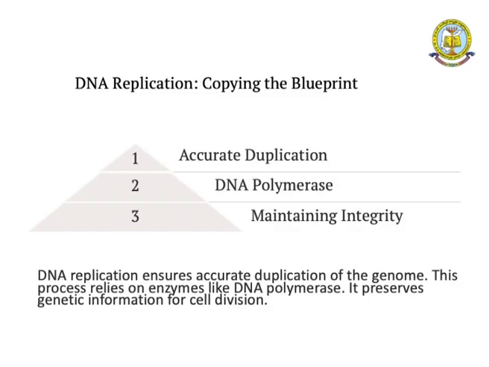Formation of the double copies, and next one is the DNA polymerase enzymes. At the same time, the nucleus also contains many enzymes, polymerase enzymes. Some of the enzymes play a key role in the nucleus and in maintaining integrity. Maintaining integrity is also a major important role of DNA replication. DNA replication ensures the accurate duplication of the genome.